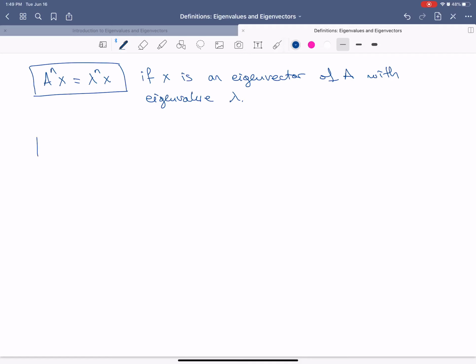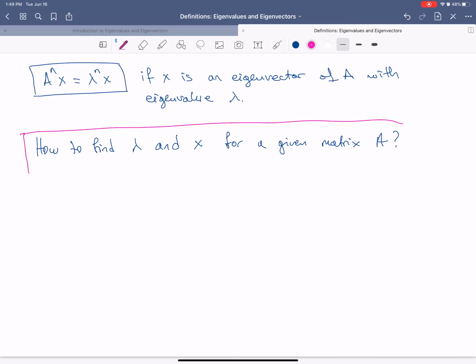How to find lambda and x for a given matrix A. By the way, a matrix A may have various eigenvalues, and each of those eigenvalues will have eigenvectors which are linearly independent of each other. So really, I should say how to find lambdas and x's, eigenvectors x, for a given matrix A.